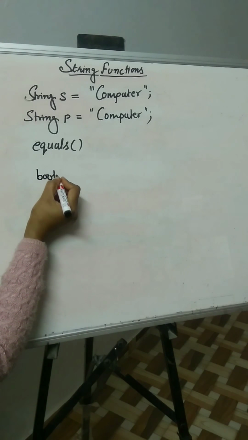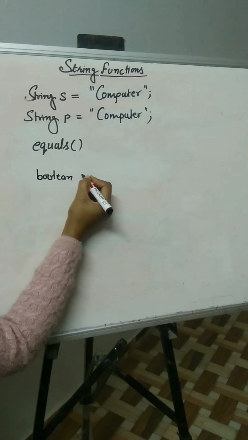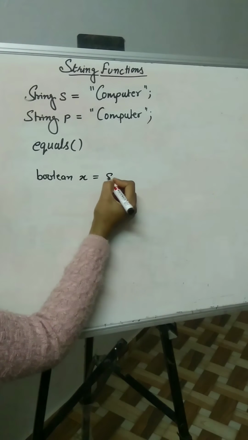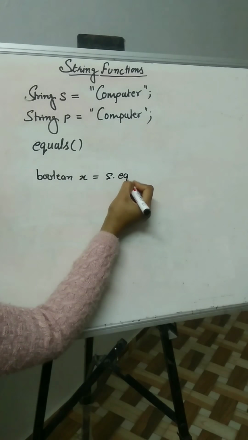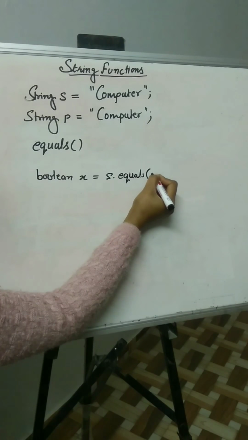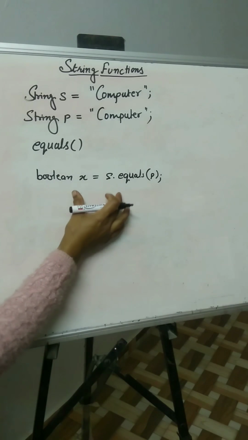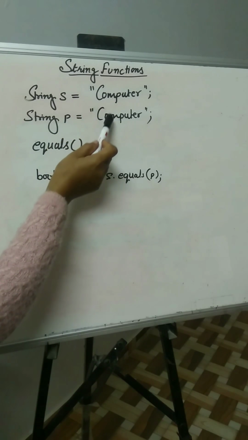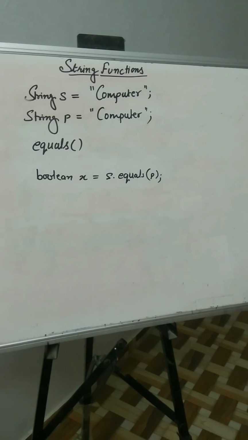So here we take a Boolean variable, Boolean X is equal to S dot equals, within parentheses passing the P variable. According to this, the X result is true because both strings are identical, both strings are the same. So here the result is true.